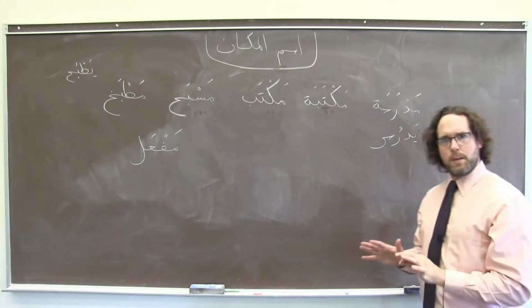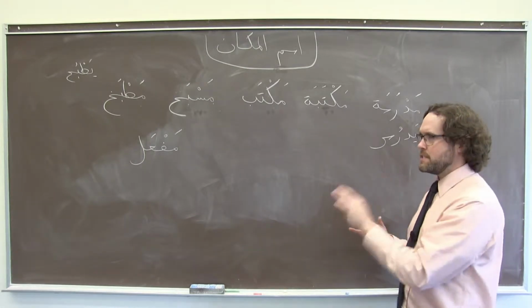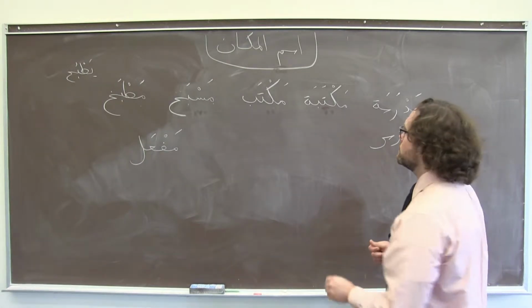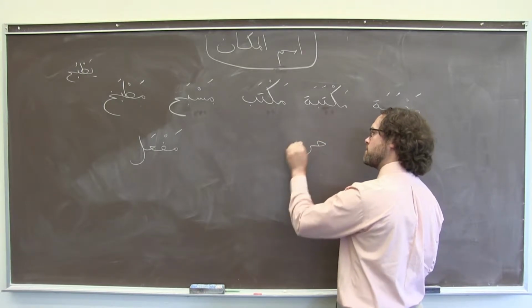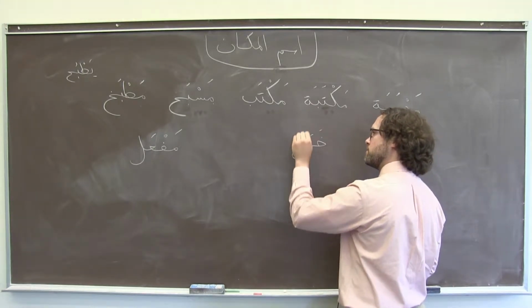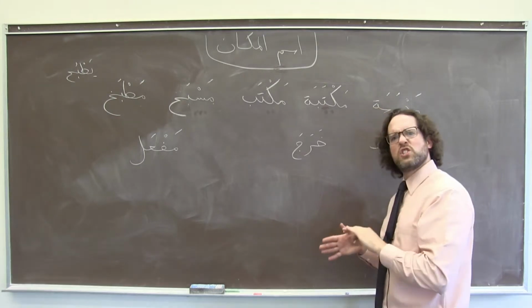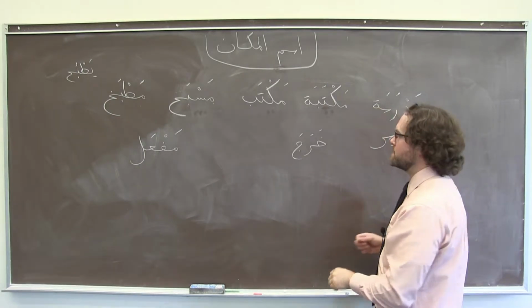So let's start with a couple more verbs and see a few more examples. There is a verb, kharaja, that's in the past tense, which means to exit, to leave a place.